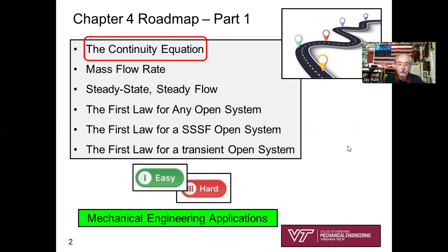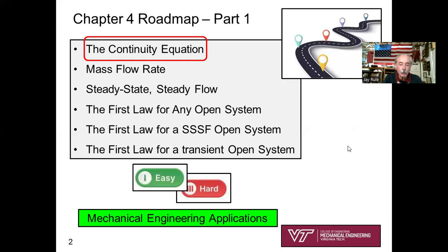And then I'm going to show you some tricks on how to calculate the mass flow rate, the rate at which mass is flowing into or out of, or both, of an open system. We're going to deal with a lot of problems related to steady state, steady flow, and introduce the idea of first law of thermodynamics for different categories of open systems.